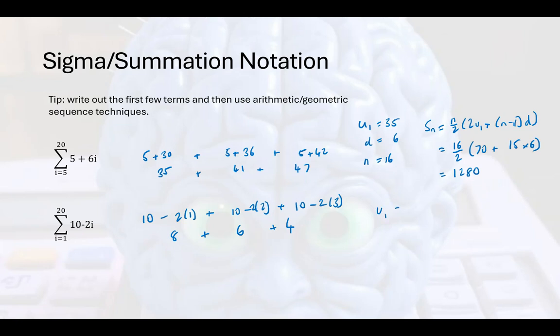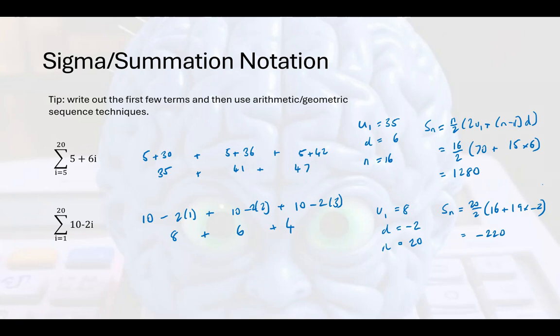We can see u1 equals 8, d equals negative 2, n equals 20, Sn equals 20 over 2, 2 lots of u1s, that's 16, plus 19 times negative 2. That one's a bit more gentle, isn't it? Yes, negative 220.